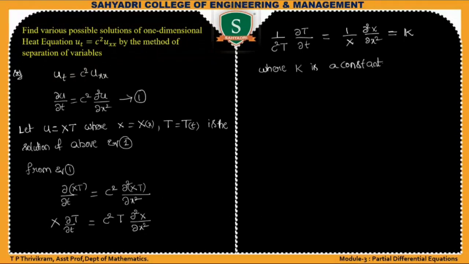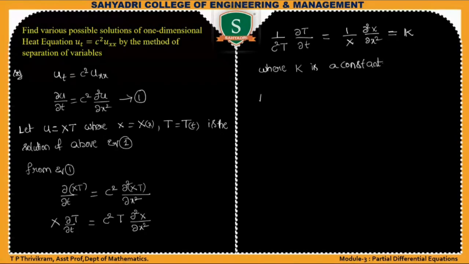Where k is a constant. Now, based on this constant, we will decide the solution. I will equate this function to k and this function also equal to k, and I will integrate or solve them separately. Finally, I will club these equations. Let us see how to solve this.